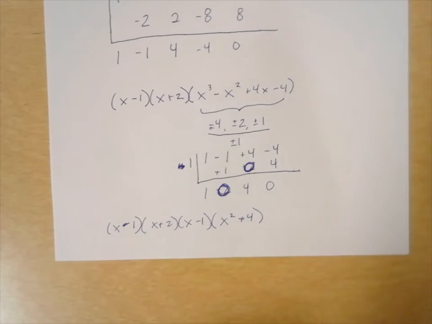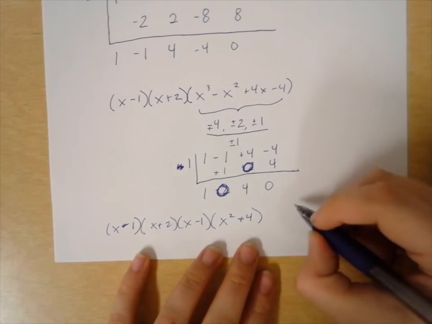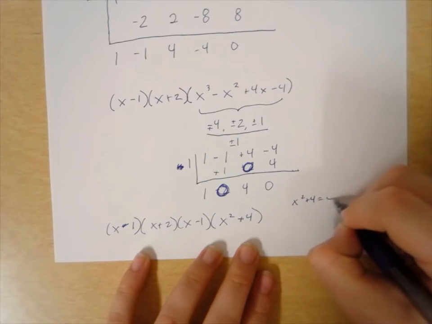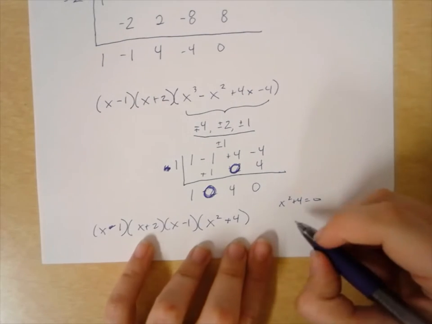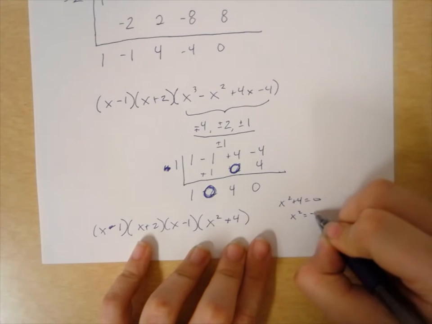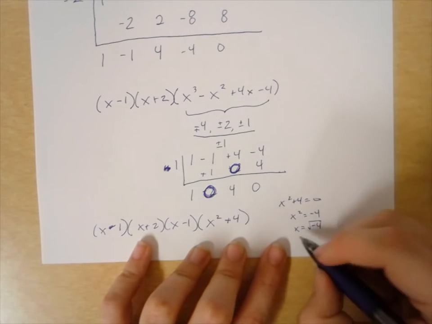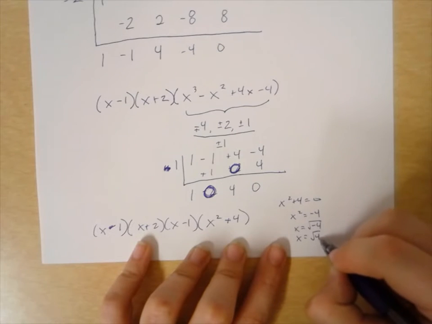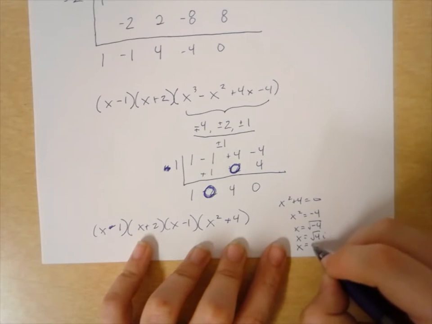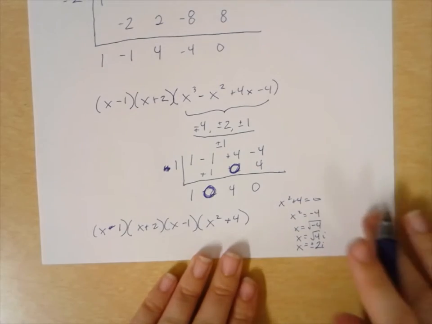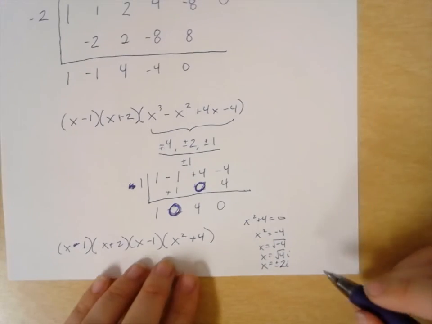Now, x squared plus 4, what that's going to end up being is imaginary, right? If I set x squared plus 4 equal to 0, then what I get is x squared equals negative 4. And I get x equals the square root of negative 4, x equals the square root of 4i, x equals plus or minus 2i.